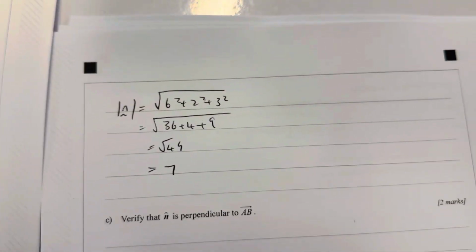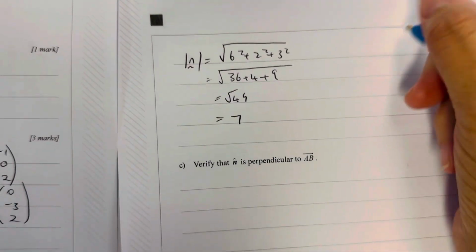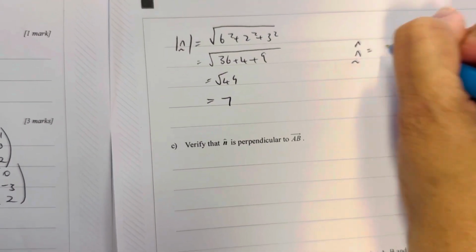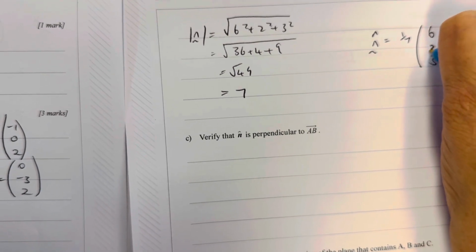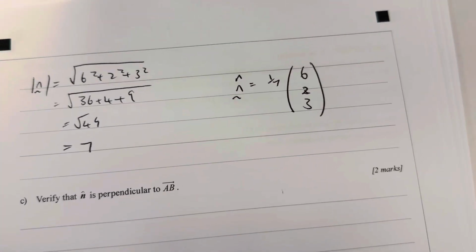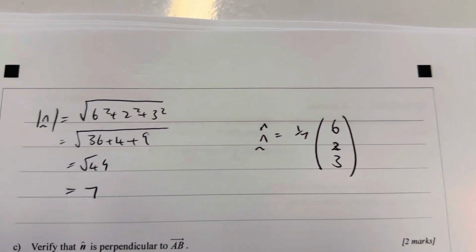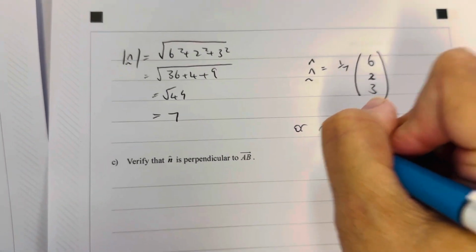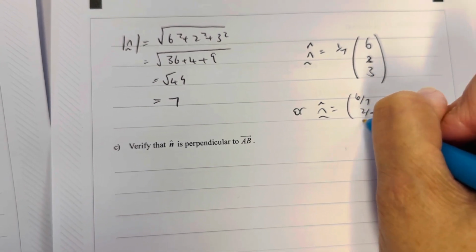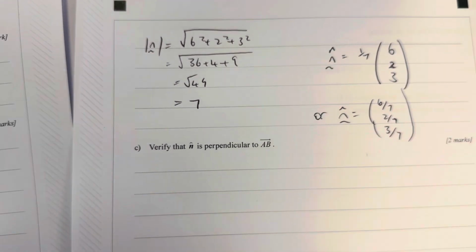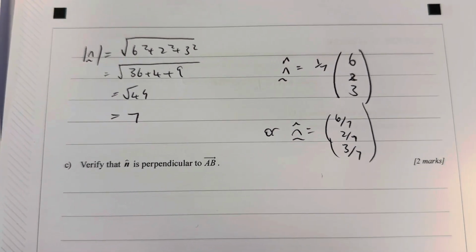So nicely done. So my n hat is 1/7, 6, 2, 3. I'm just going to leave it as 1/7. You could, of course, go 6/7, 2/7, 3/7, if you prefer. Either would be fine.